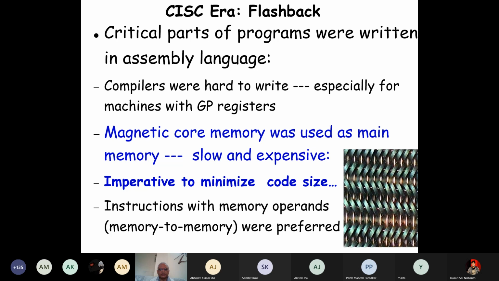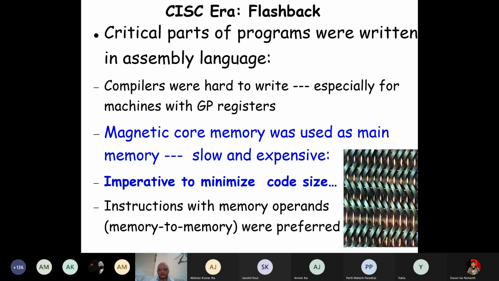And since the memory was so slow, if the code size is large, then just to fetch the instructions will take a long time. Also, the storage of this core memory was very small.